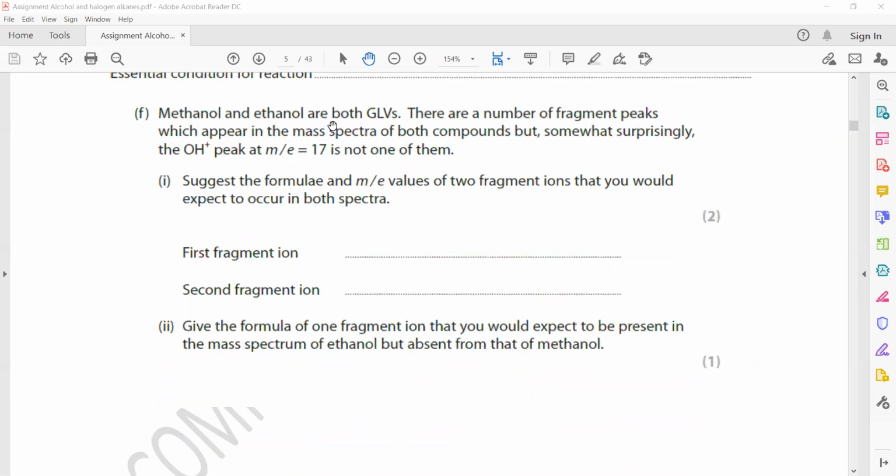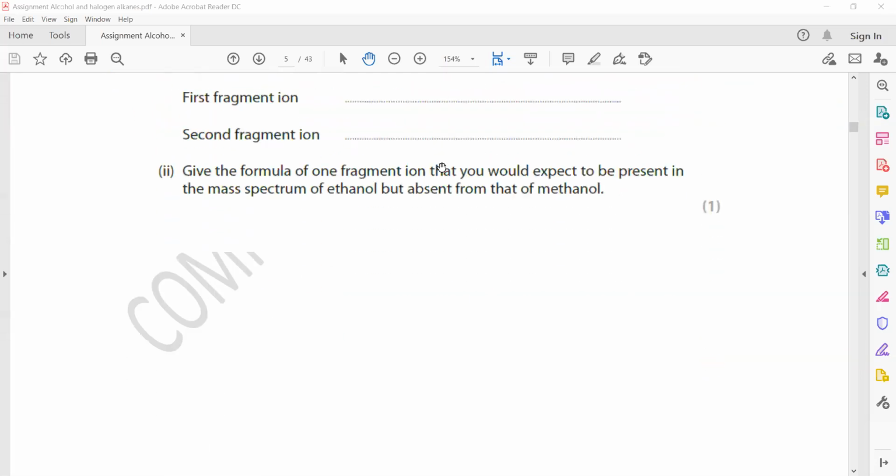Methanol and ethanol are both GLVs, and there are a number of fragment peaks which appear in the mass spectra of both compounds. But somewhat surprisingly, the OH peak, mass to charge 17, is not one of them. Suggest the formula for the m/e values of the two fragments that we expect to occur in both spectra of methanol and ethanol.